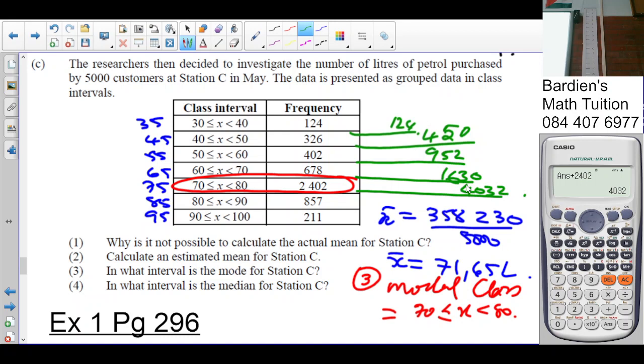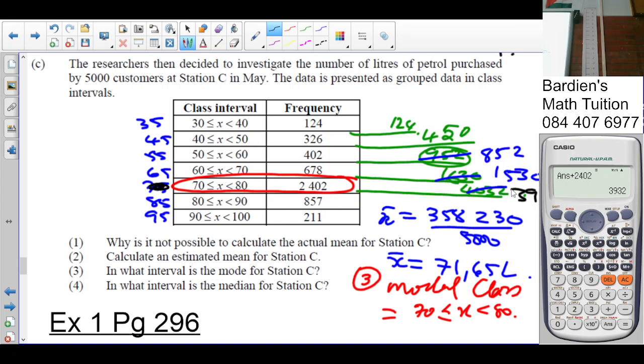So that means the person standing at 2,500 and 2,501 is in this category here, not so?